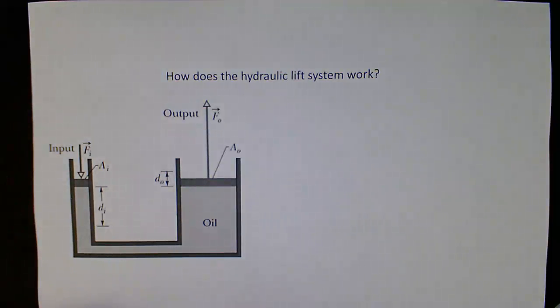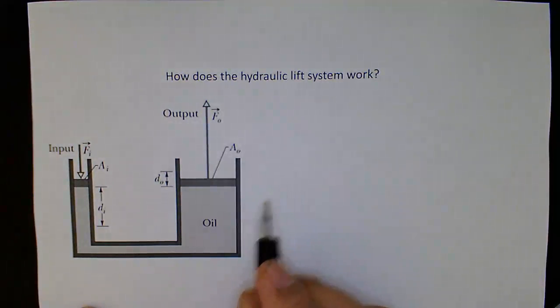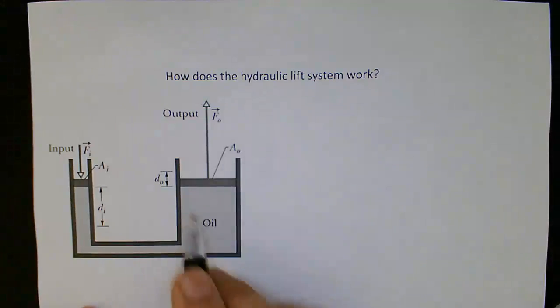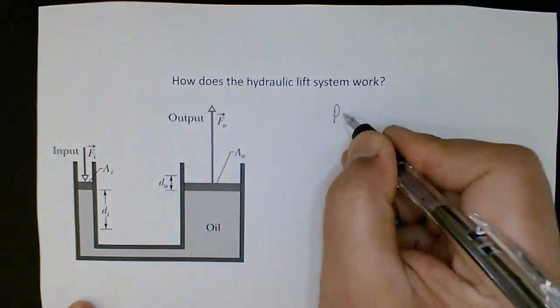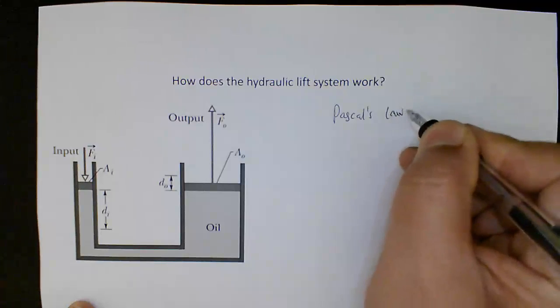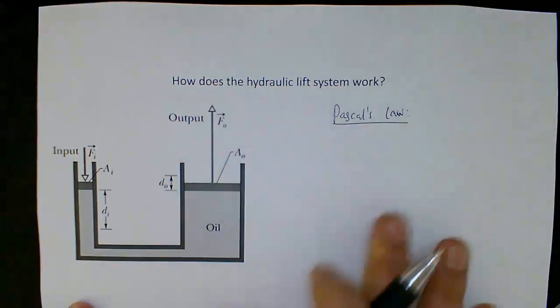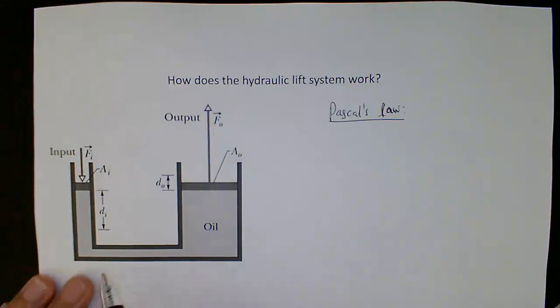So, what's the working principle of the hydraulic lift? Let me explain briefly. It works under Pascal's law. Remember, in the previous slide, Pascal's law simply says if you apply any pressure on an enclosed system fluid, that pressure will be transmitted equally in all directions.